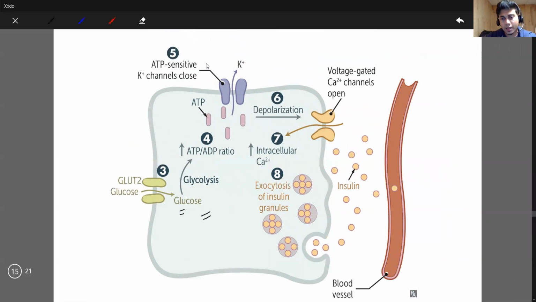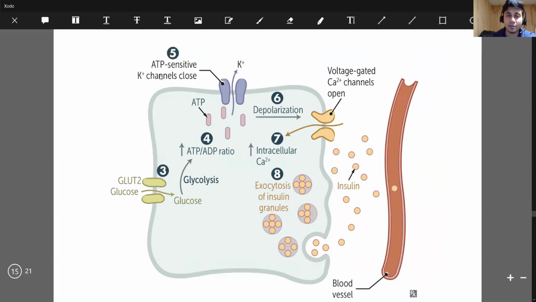Now, inside the pancreatic beta cell, there is a glycolytic enzyme. When we discussed biochemistry, I hope you remember, glucose converts into glucose 6 phosphate, right? That is the first step of glycolysis.